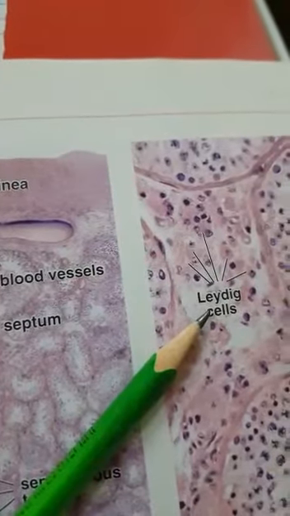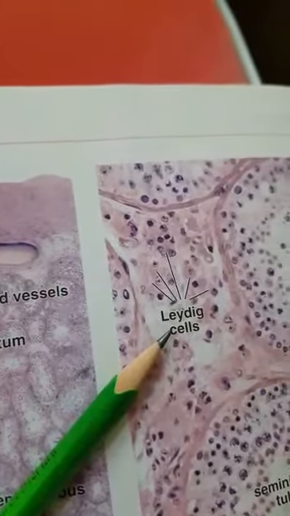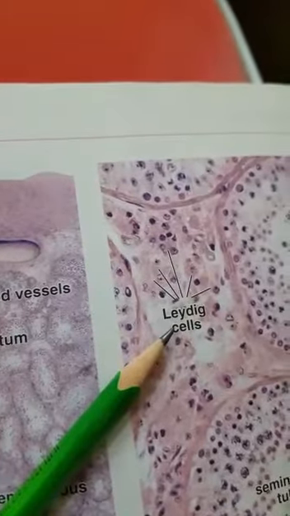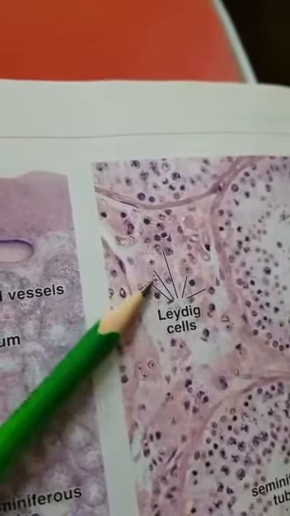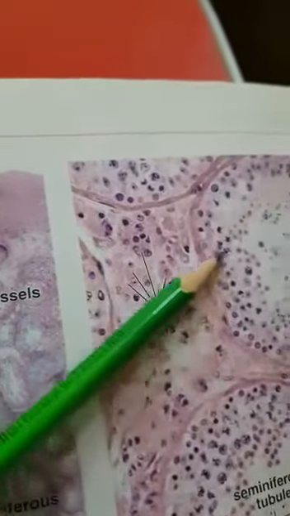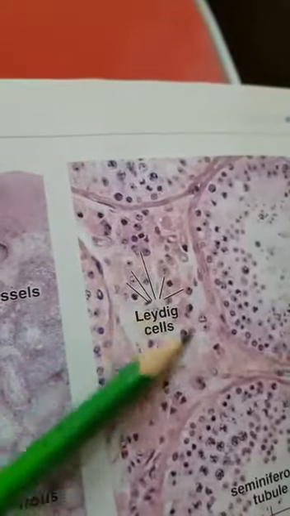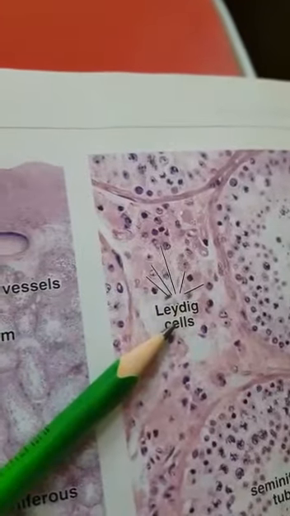All these features support that these Leydig cells are typical steroid-producing cells, giving them an intense eosinophilic tinge. They are present around the cut sections of the seminiferous tubules or lying in the interstitial connective tissue of the testes.